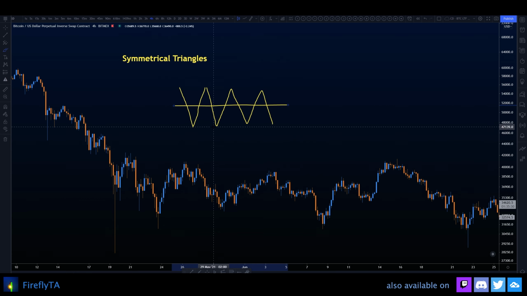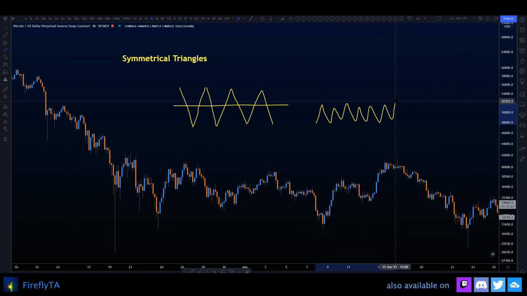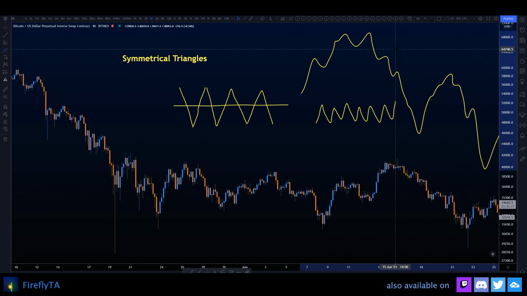However, in reality, of course, we have trends. We don't have sideways price action in all eternity. We do have trends. And this makes things, of course, more difficult to estimate how they will actually unfold.